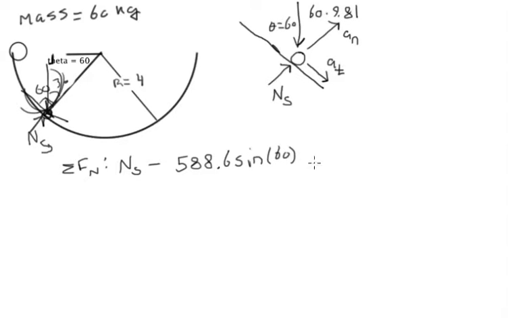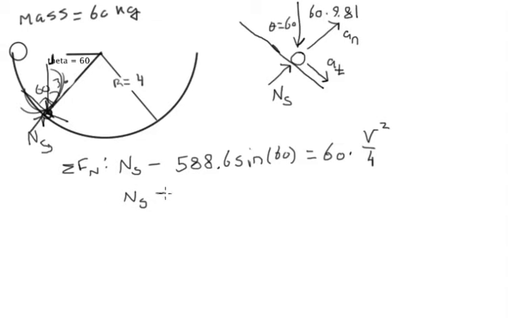And that's going to equal the mass, 60 kilograms, times acceleration in the normal direction. And we know from physics that acceleration in the normal direction is in fact the velocity squared divided by the radius, which is 4.